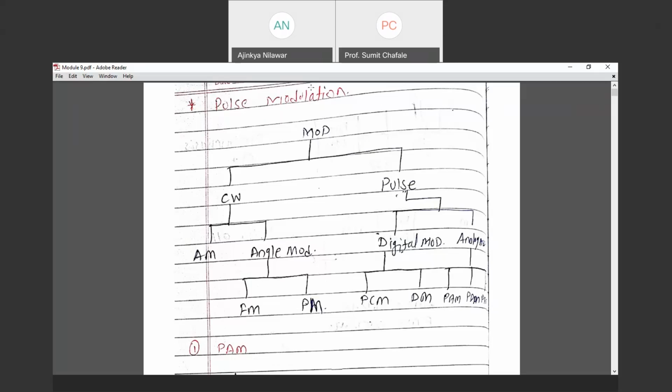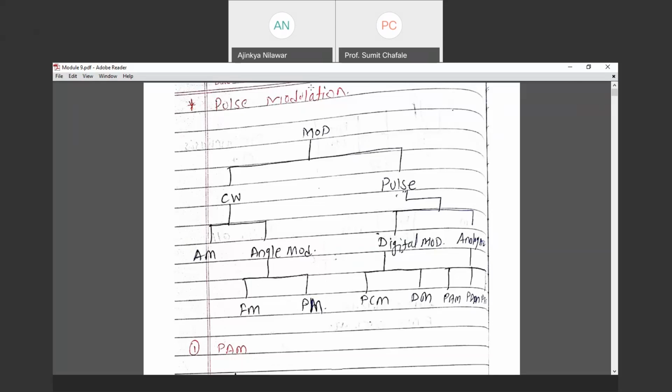Whenever we have to send information from transmitter to receiver, we need the modulation concept. Why do we use a modulation scheme? For deciding the height of an antenna, we use the modulation scheme. The formula for designing the height of an antenna is lambda by 4.